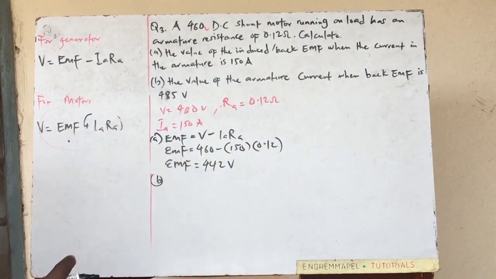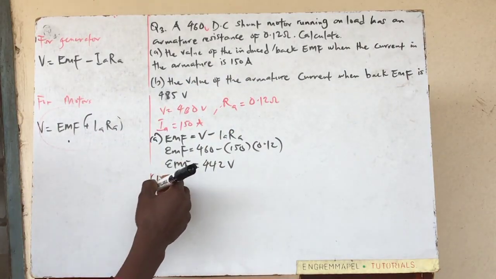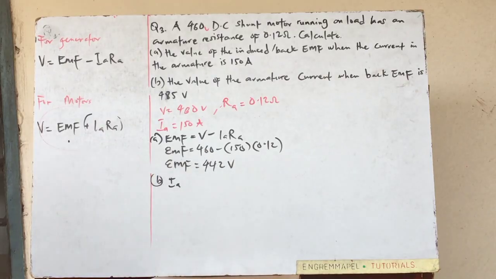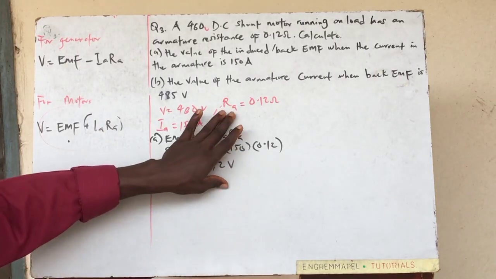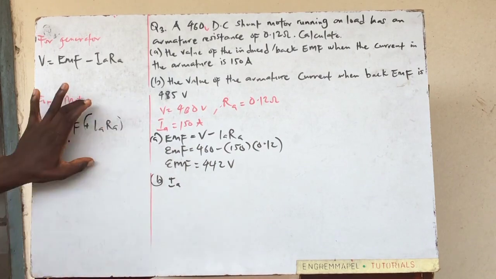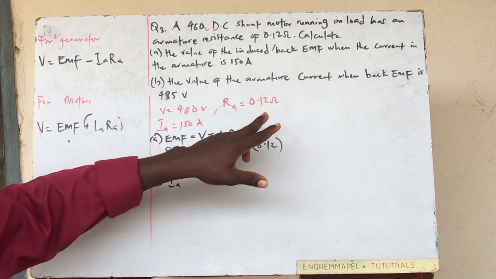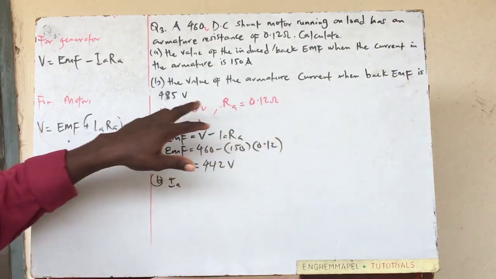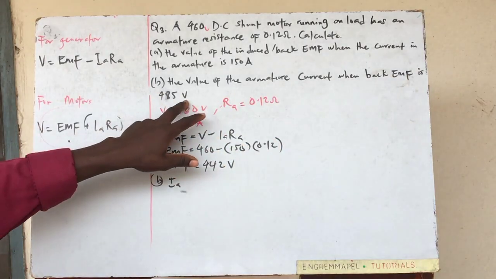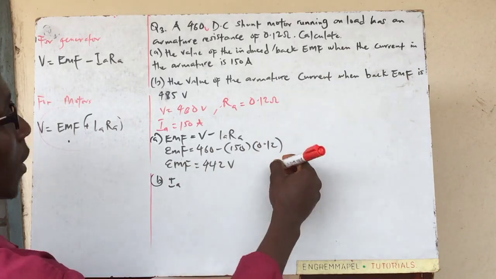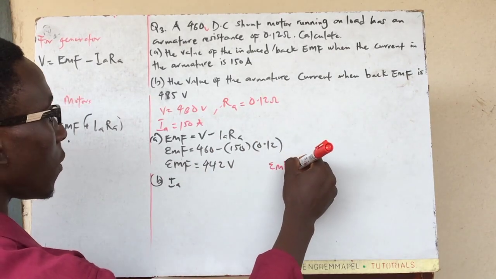Now for this, the value of the armature current, they asked to look for the IA. Now in this case, forget about what we have done here before. We are now given another case. We are still using the same formula, but in this case we are looking for another armature current. Now this time they give us our back EMF as 485 volts. Now we now have new parameters. Now we have our EMF. Our EMF has been given already.